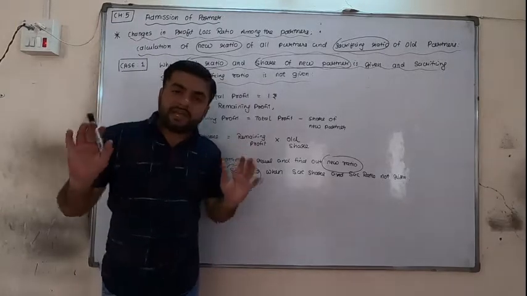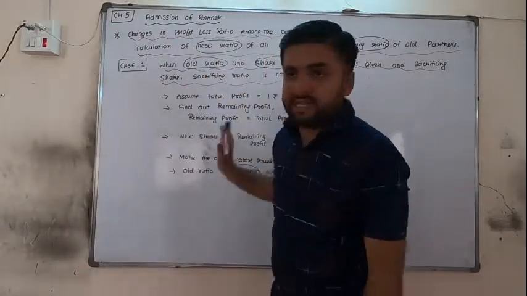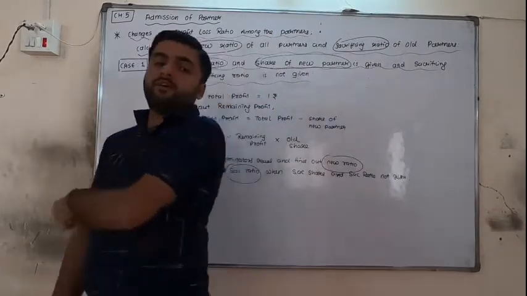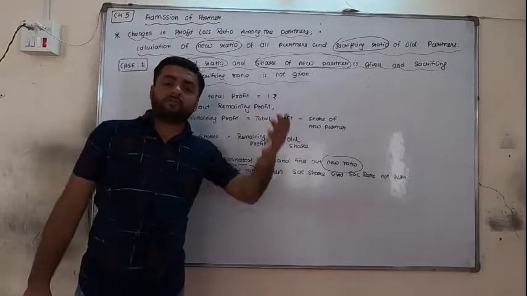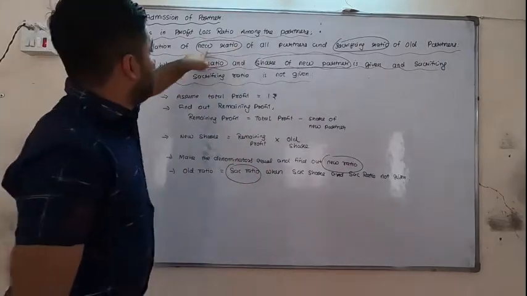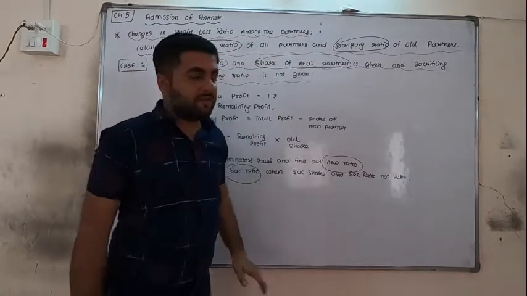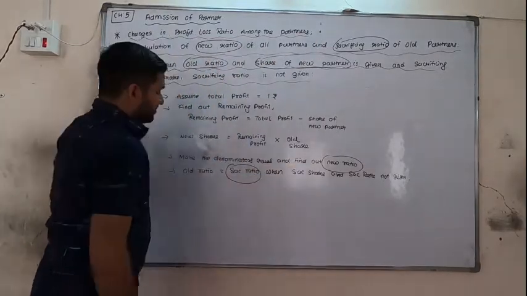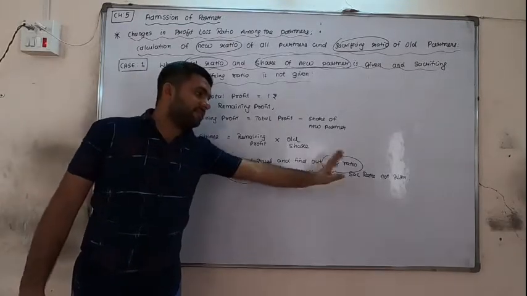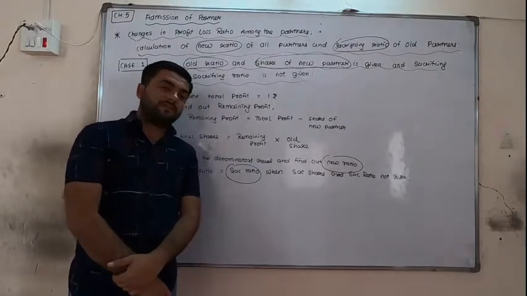So for any type of case, for case 1 or 2 or 3 till 8, the main thing will be calculating the new and sacrificing ratio. You don't have to highlight this.